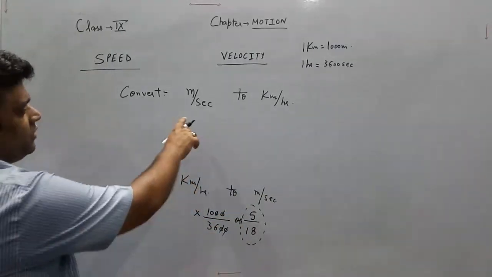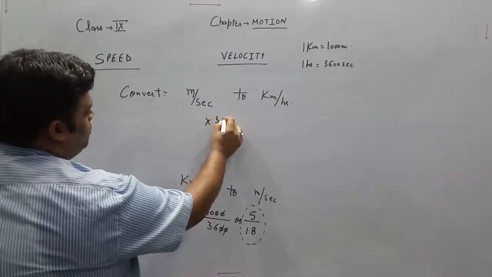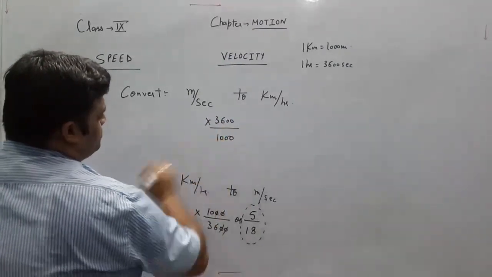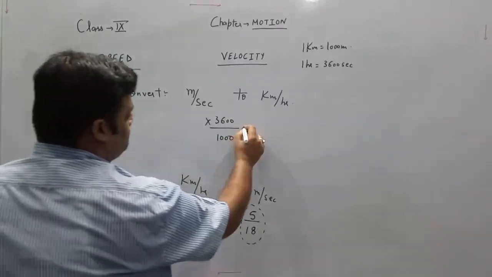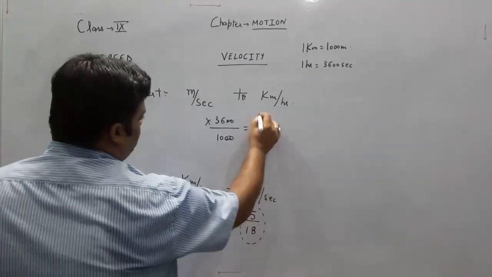And to convert meter per second to kilometer per hour, we multiply by 3600 divided by 1000, which becomes 18 upon 5.